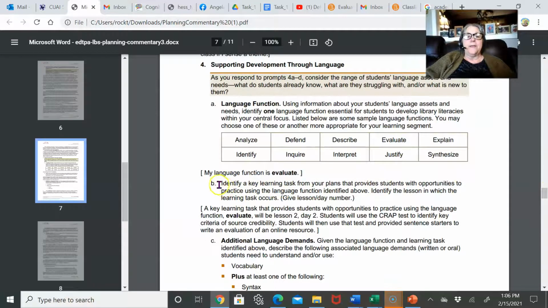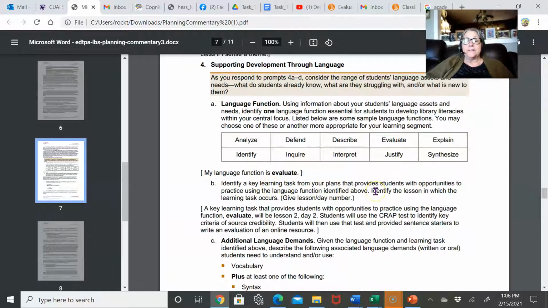And then in 4B, it says identify a key learning task. Now, that means in your lesson plans, identify a key, and I would say language task, that provides students opportunities to practice using the language function, the one that you've chosen here.